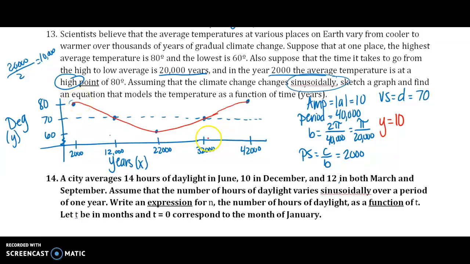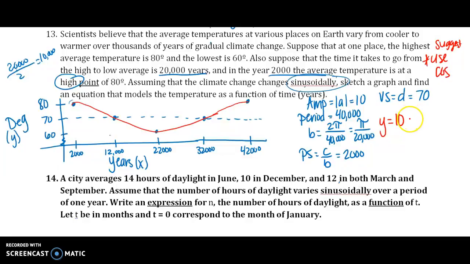Otherwise, you would have to figure out either going to the left, the negative value for a shift for sine, or start at this 32,000 for sine, since that is when sine is increasing. So I would suggest you use cosine.